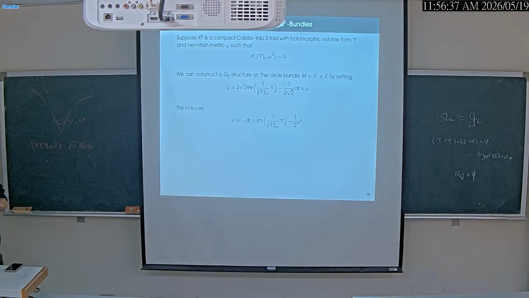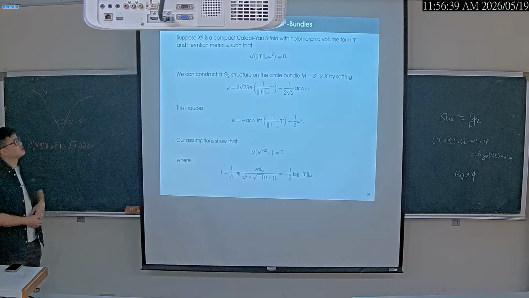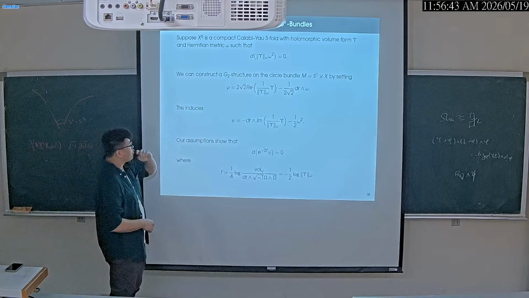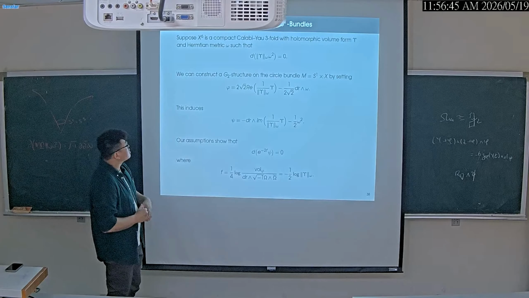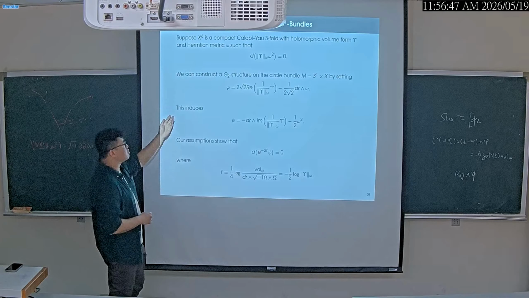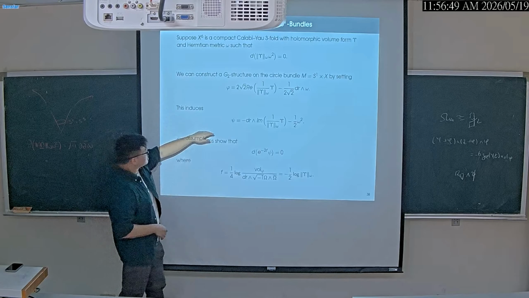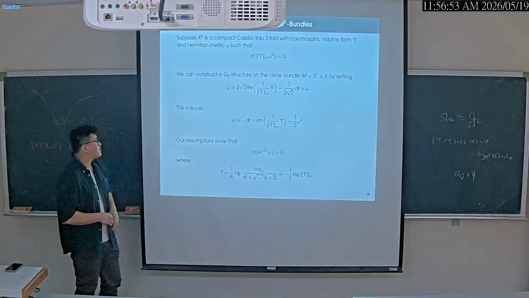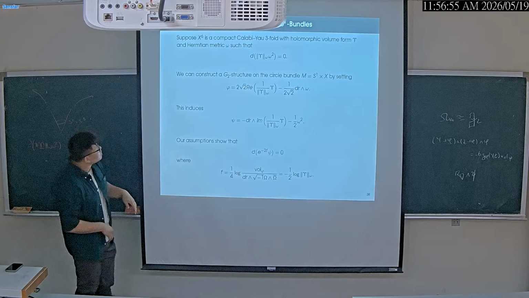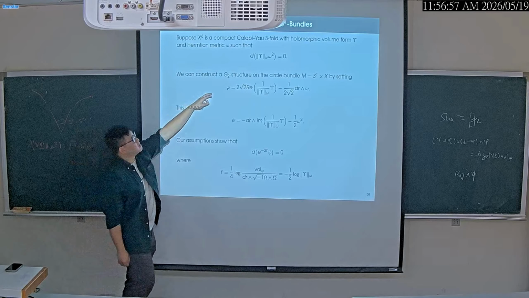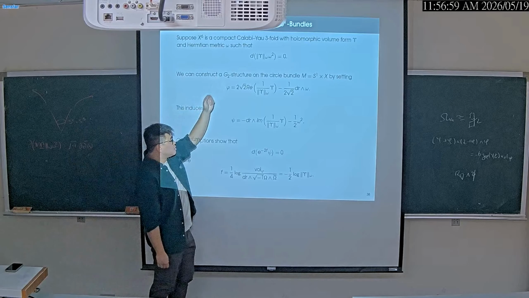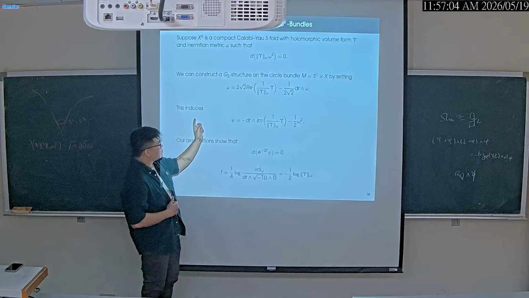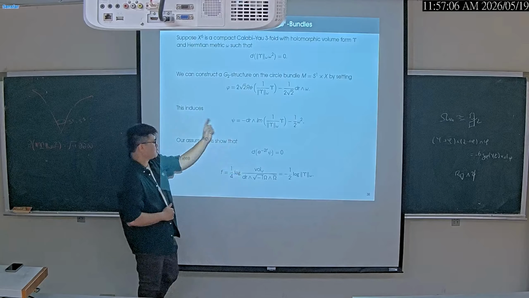So it turns out that you can do exactly this. If you have a compact Calabi-Yau threefold with this conformally balanced structure, you can construct the G2 structure on the circle bundle. You can ignore the coefficients over here; those are just there to make the calculation simple. But a conformally balanced structure on a Calabi-Yau threefold allows you to construct a conformally co-closed G2 structure on the circle bundle.